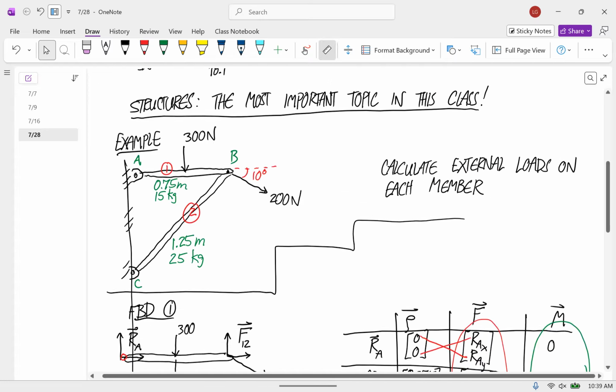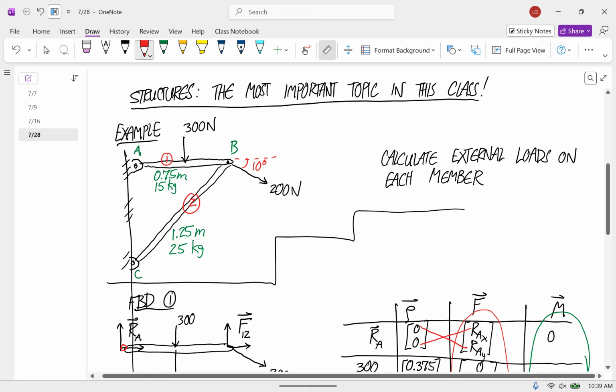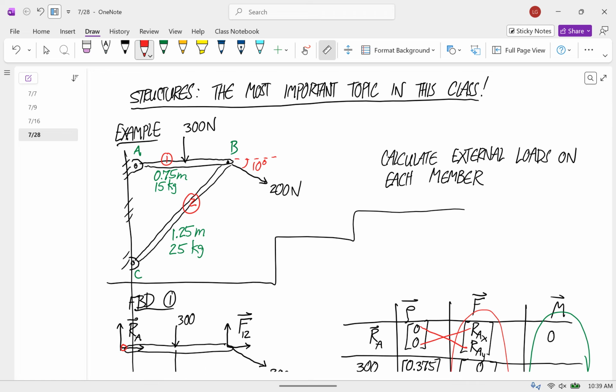Okay, so one thing that's going to make this easier is notice that this structure is a right triangle, and it's a 3, 4, 5 right triangle. So that makes this distance, I guess that must be 1. Is that right? No, 1. Let's see. So 3 divided by 4.